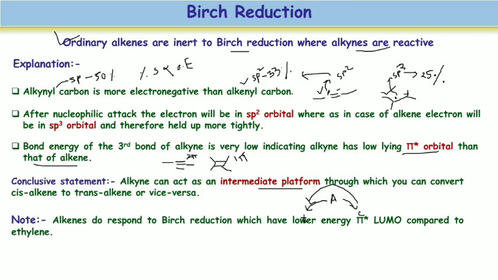An important point to be noted here is that alkenes do respond to Birch reduction which have lower energy pi star LUMO compared to ethylene, right? So basically the molecules which have pi star LUMO energy greater than or equal to pi star LUMO of ethylene will not undergo Birch reduction, whereas the molecules having pi star LUMO lower in energy than that of ethylene will undergo Birch reduction.